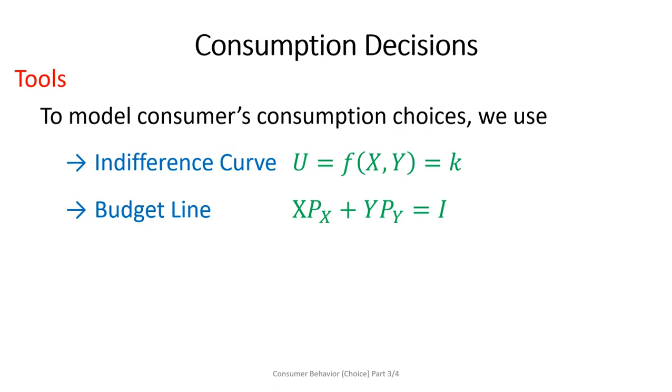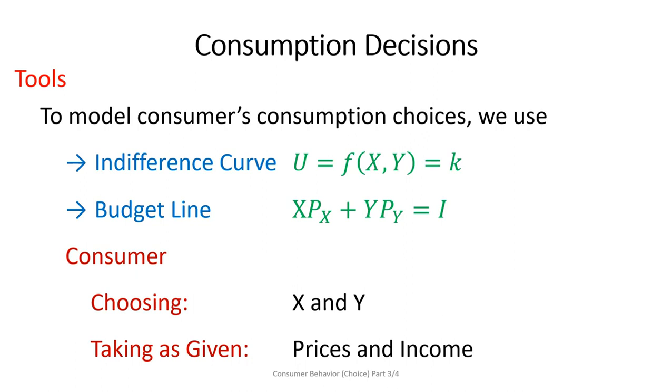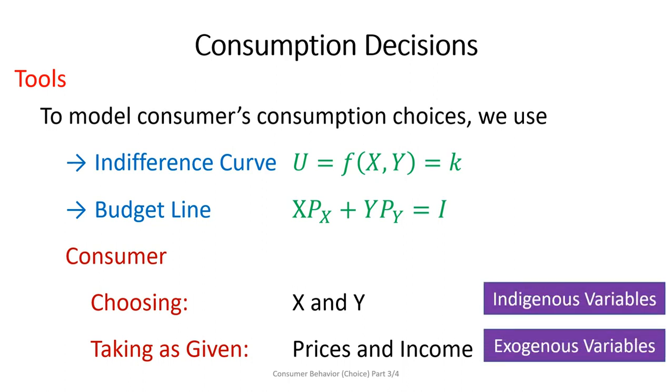So, in this model, the consumer chooses various quantities of good X and Y, whereas the prices and incomes are taken as given. We already know that the variables that are taken as given in a model are called exogenous variables, whereas the variables for which the model solves and gives their value are called endogenous variables.